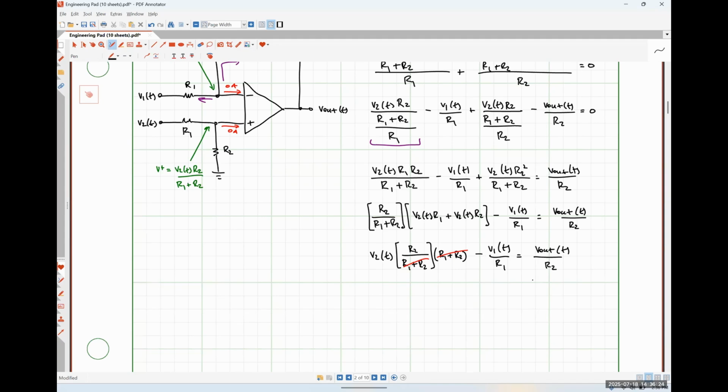Nothing's jumping out at me, so let me just continue on with this algebraic stuff here. So let me think about this.